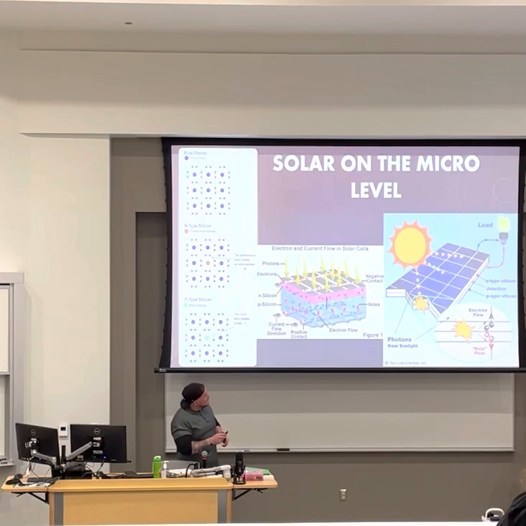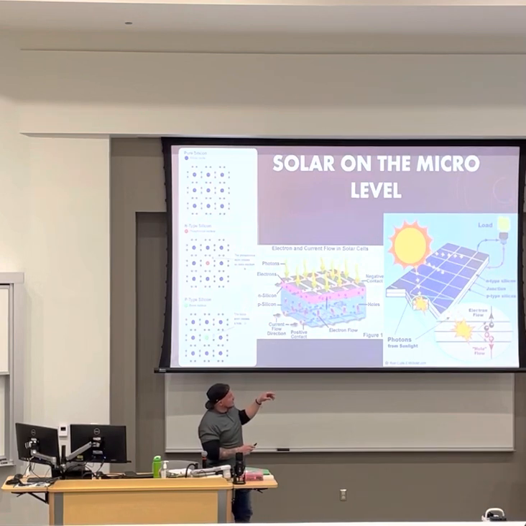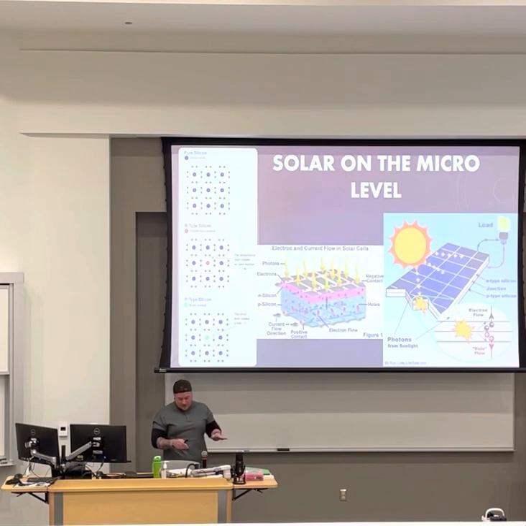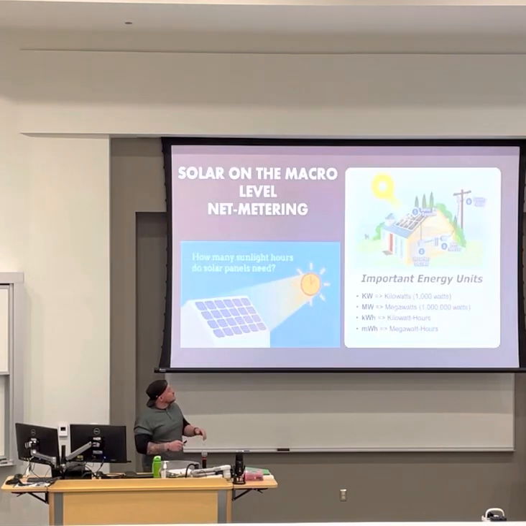So what happens here is photons hit the N-type, knocking off an electron. The electron is then going through the current, doing whatever your load is, whether it be light or AC, whatever the case may be, comes back and fulfills the circuit. So that is how, on the micro level, solar panels work.